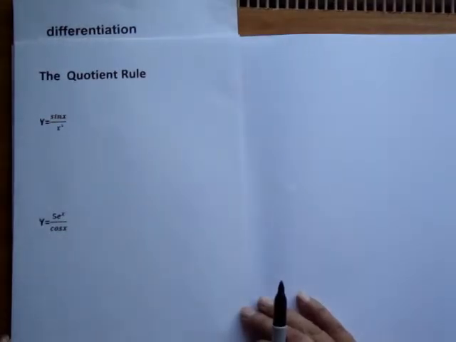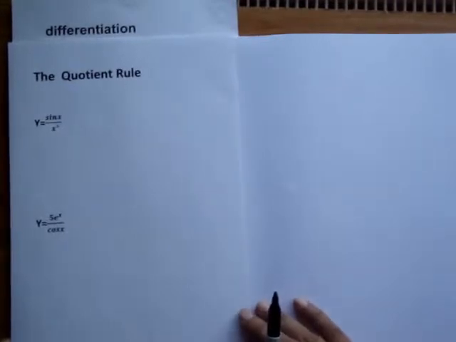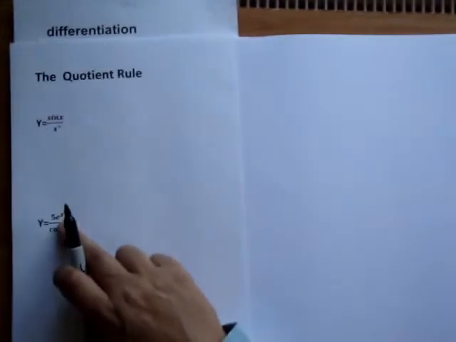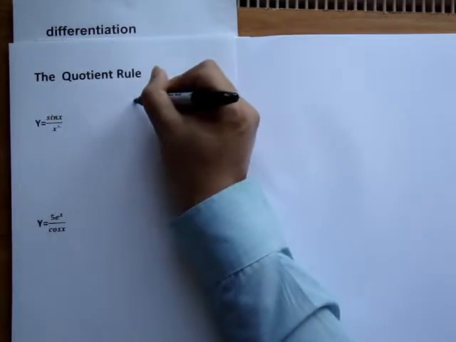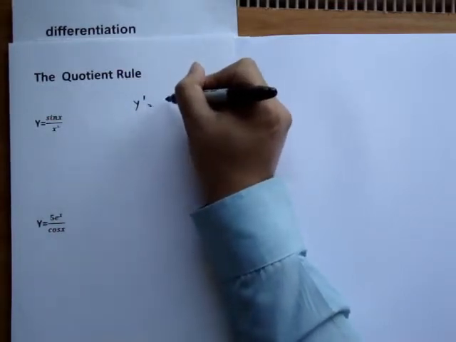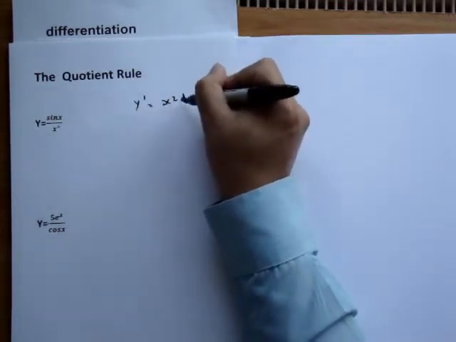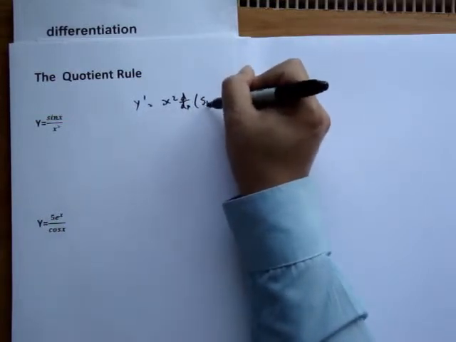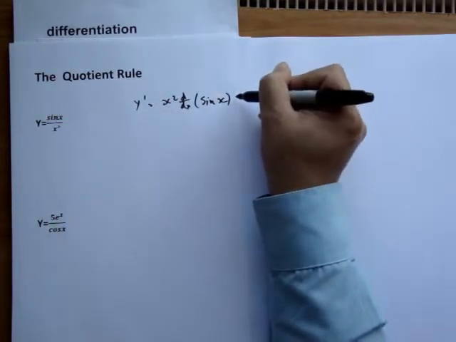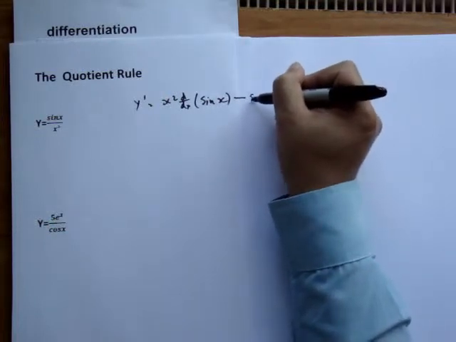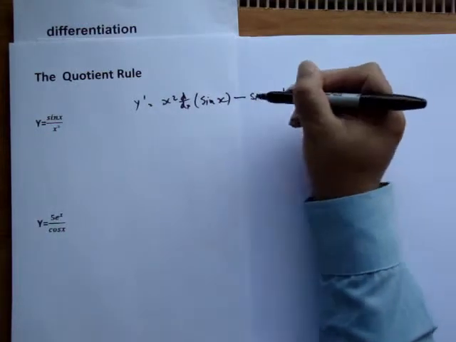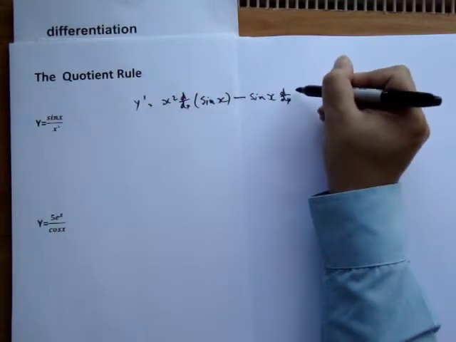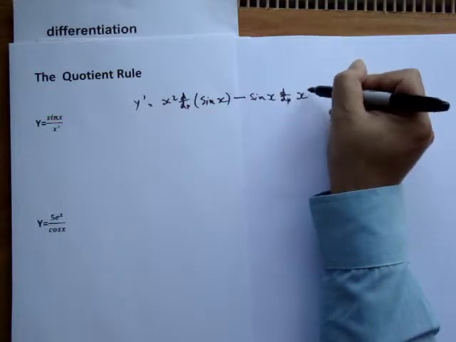Let's do some more ones with sine x and also one with e to the power x. Again, just simply insert into the quotient rule, so we get y prime is x squared d by dx sine x, which is the numerator, minus sine x d by dx of the denominator, which is x squared.